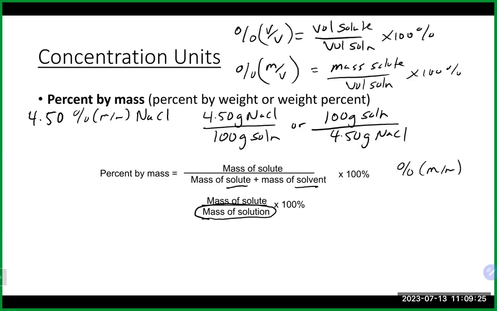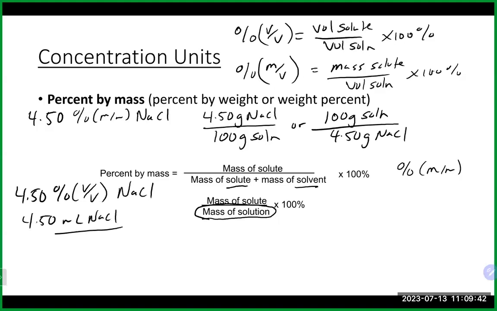So sometimes you might want to convert it out and use it more like a dimensional analysis conversion factor, and you could do that. And it works the same for all of the sort of percent units. If you have percent volume to volume sodium chloride, that would mean you have 4.5 milliliters of sodium chloride and 100 milliliters of solution.